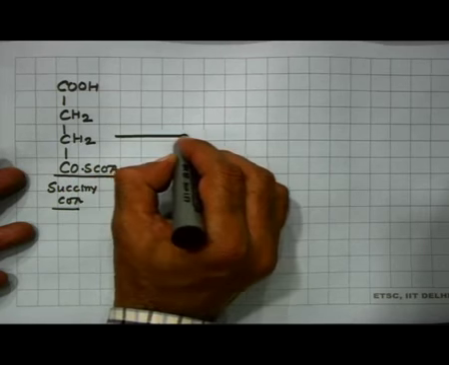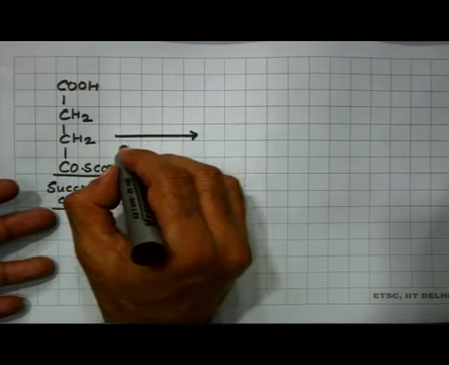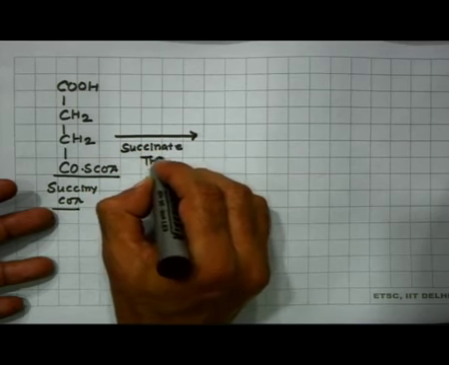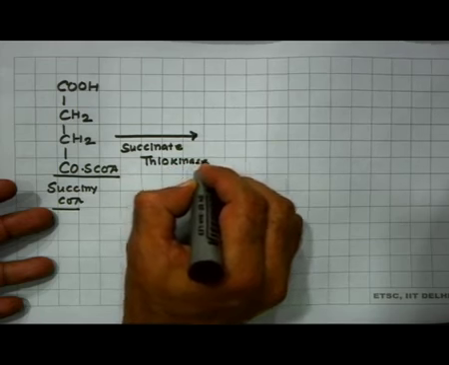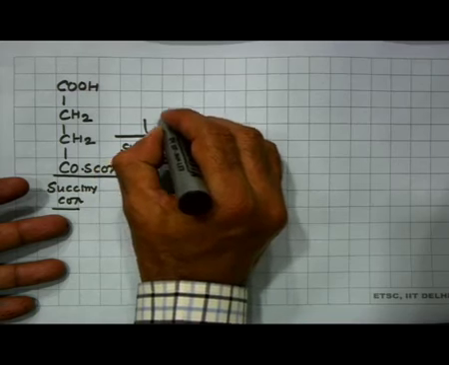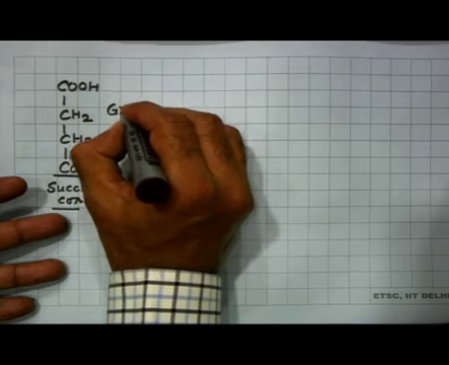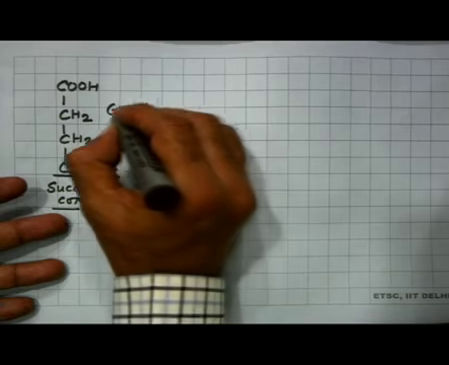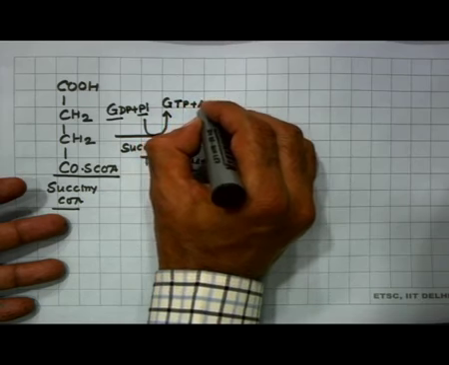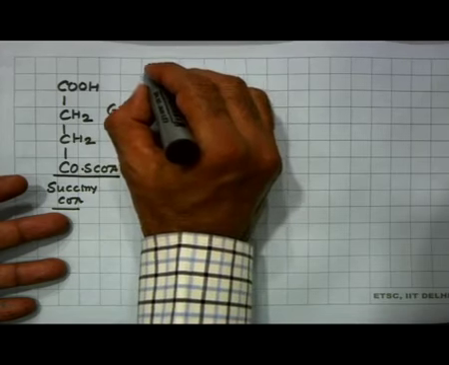Now, it undergoes substrate level oxidation. The enzyme used here is succinate thiokinase, and the hydrogen is removed, and here GDP plus Pi is converted into GTP, and GTP plus ADP helps in the formation of ATP.